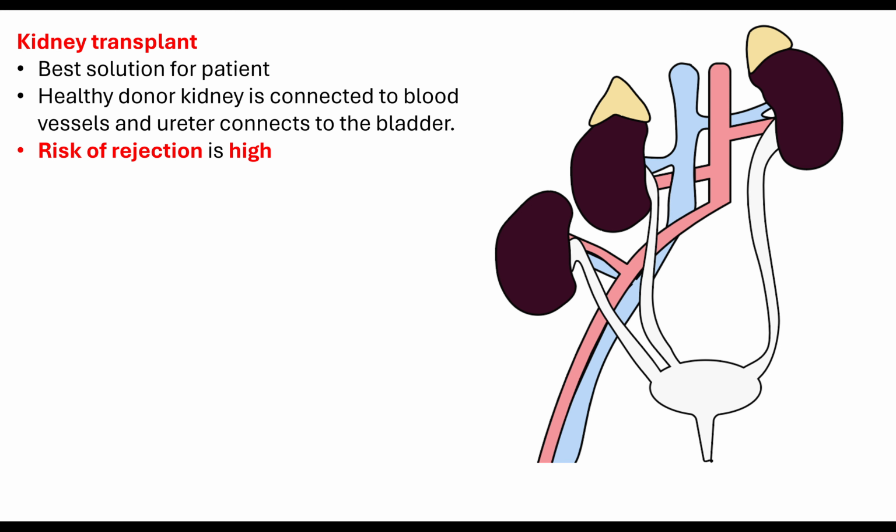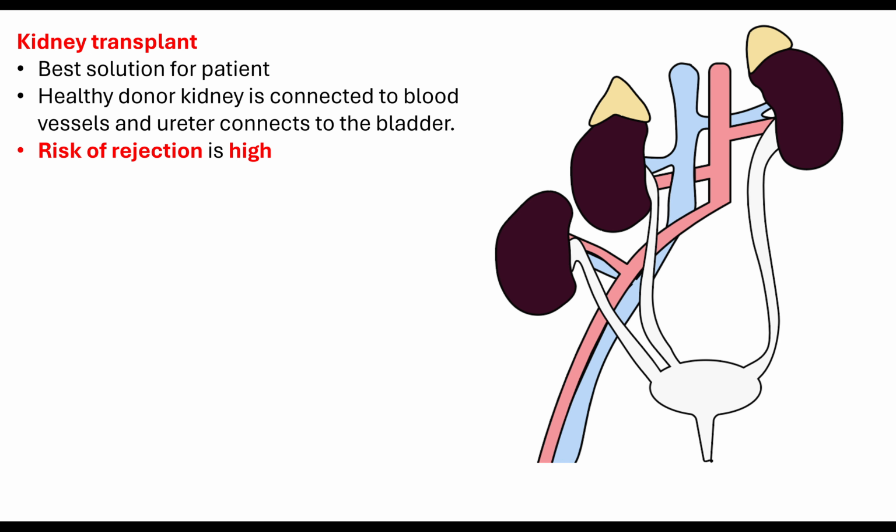Remember, if we're taking an organ from somebody and putting it into another person's body, their immune system should identify this as being a foreign set of cells, and therefore that should start the immune response.